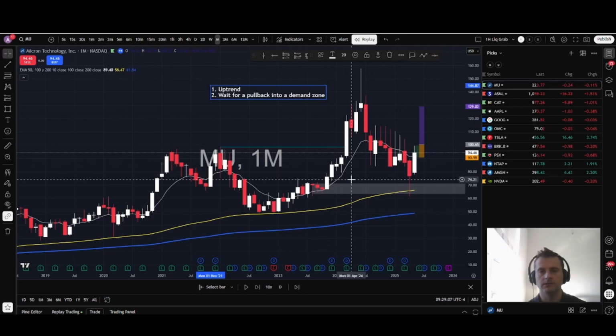where in the past we can see significant interest from larger financial players such as banks and institutions, where they have decided to take the market higher, to pour money into this specific stock, in this case Micron Technologies.